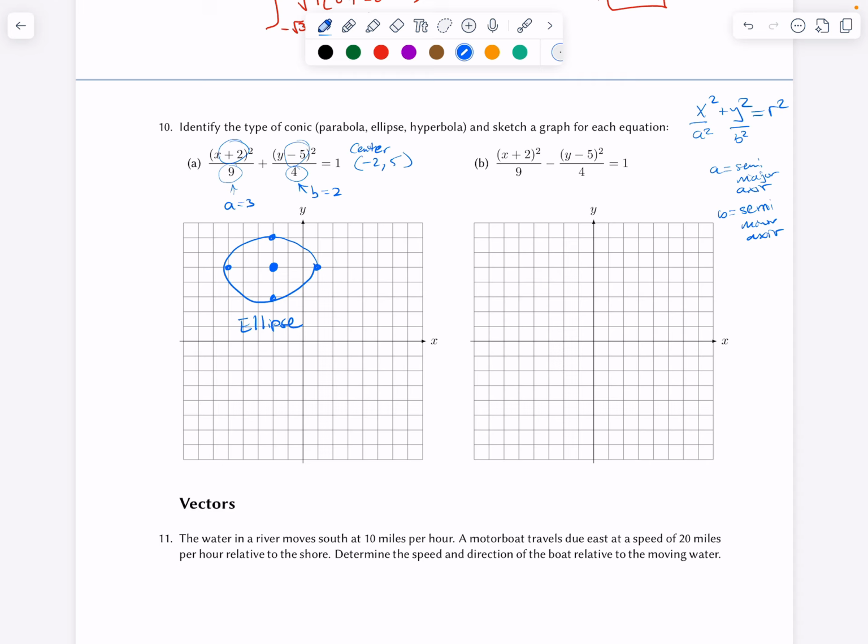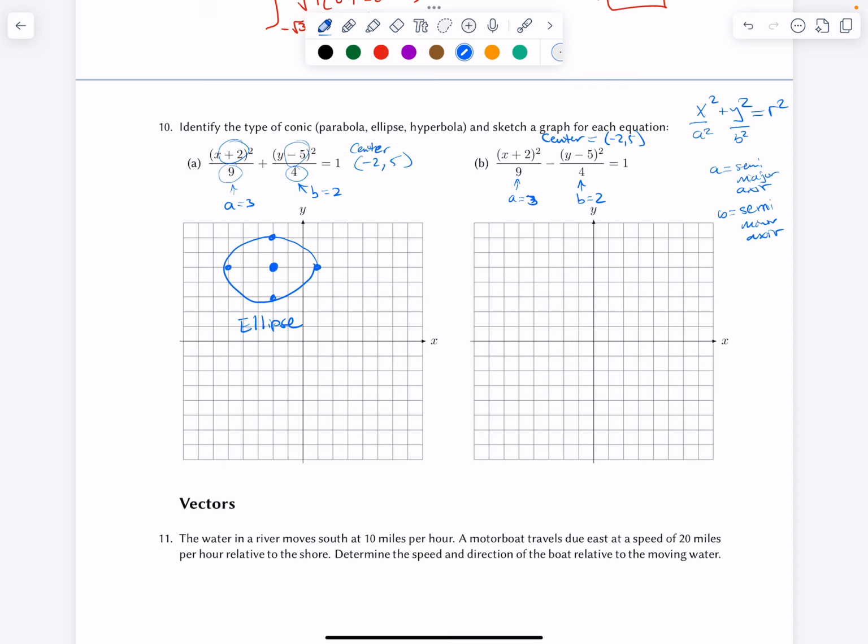This next one, the big difference between these two is that it has a minus instead of a plus. This will be a hyperbola. And same center, because everything else is the same. And so we'll start with the same sort of sketch.